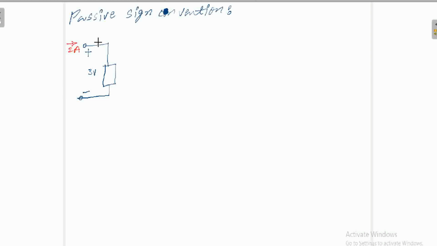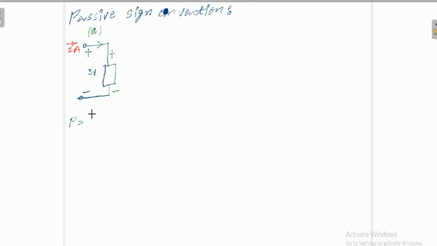So this is your current direction, this is your positive polarity and this is your negative polarity. Now tell me, this element is obeying your passive sign convention? Yes, the current is entering into positive polarity of voltage across the terminal. So directly multiply.